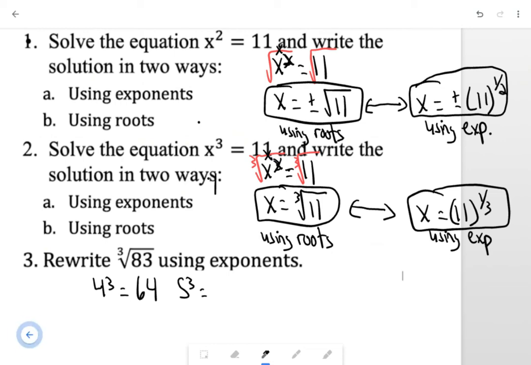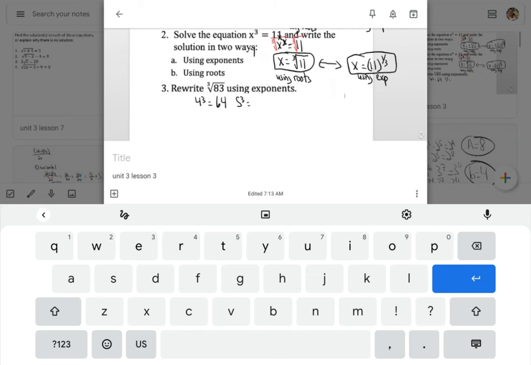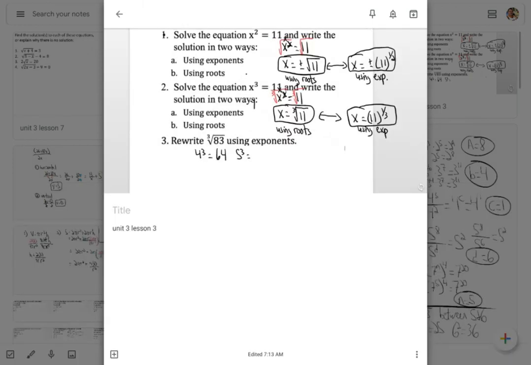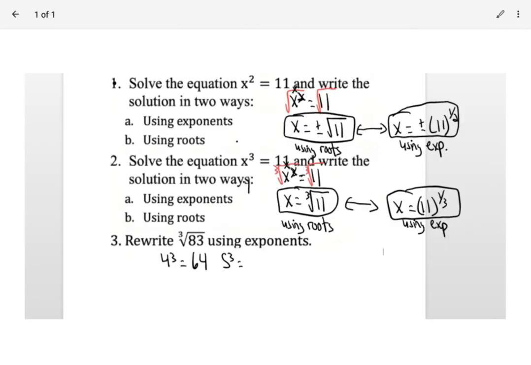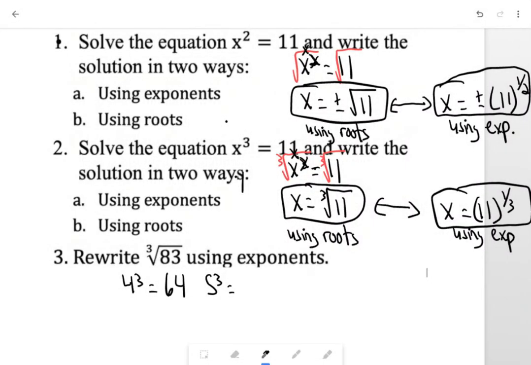And 25 times 5 is going to be 125. So 4 cubed is 64. 5 cubed is 125. All right, 83 is obviously between those two numbers. So I know that the cube root of 83 is somewhere between 4 and 5.